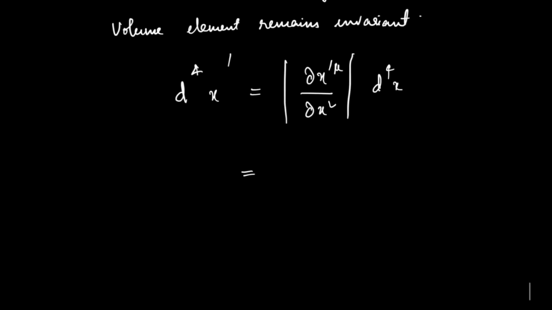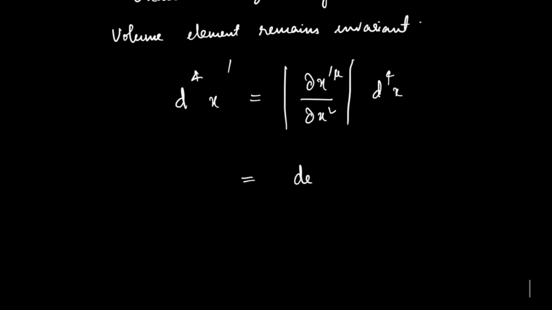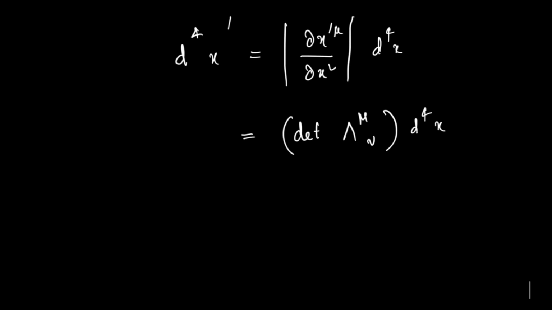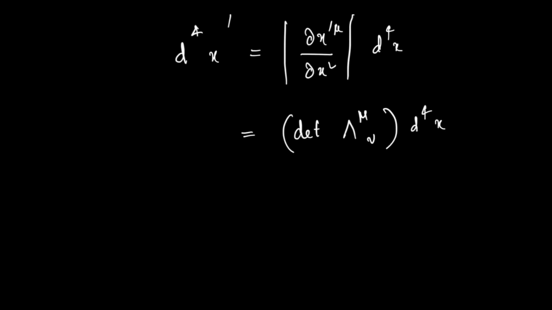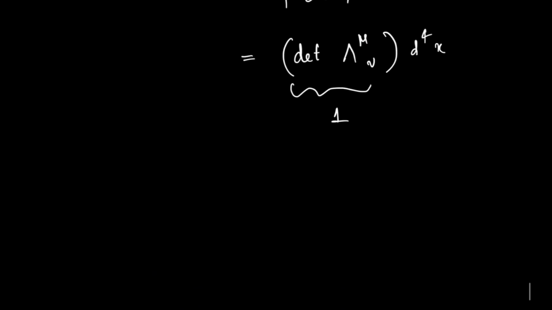This is the Lorentz transformation, and we know that this is Λ^μ_ν d4x, and in Minkowski space this Jacobian is 1, that we have already learned in the special theory of relativity, right? So this is equal to d4x. So this is only in a flat space time.